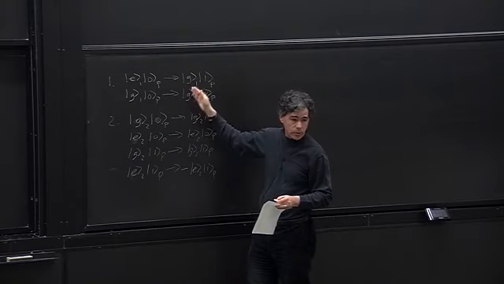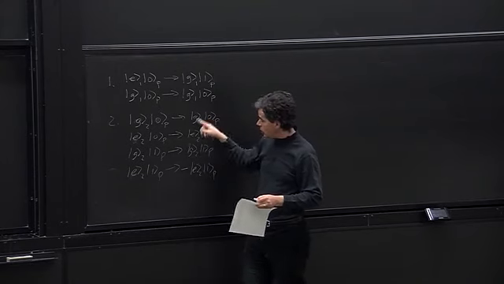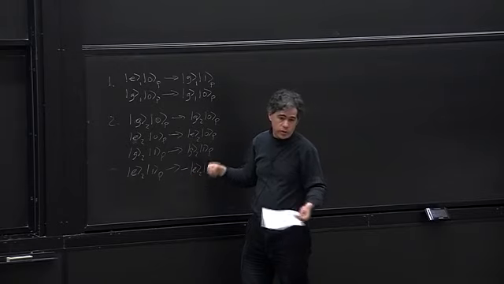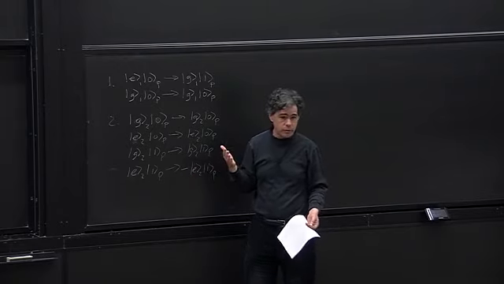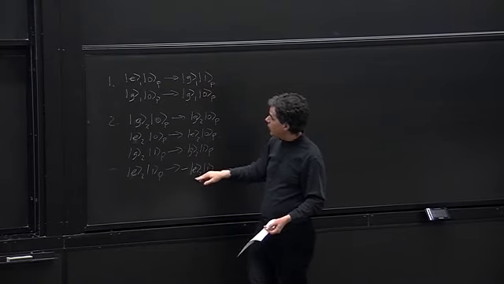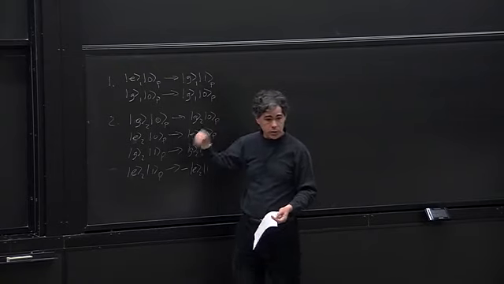But the first atom is always in G. And so now we're going to move it back. And this gate does a controlled Z gate, which is a 2-qubit gate. It's also universal. It's equivalent to the CNOT gate. And then we just move the qubit back from the phonon into the first atom.